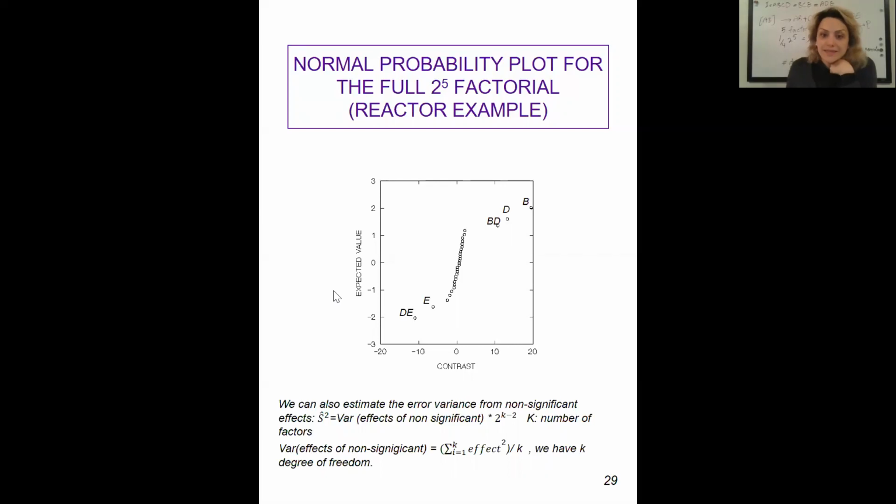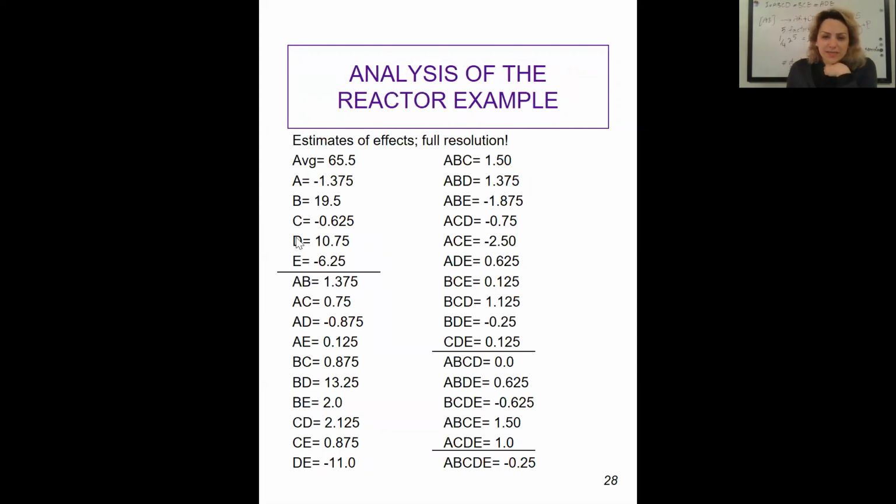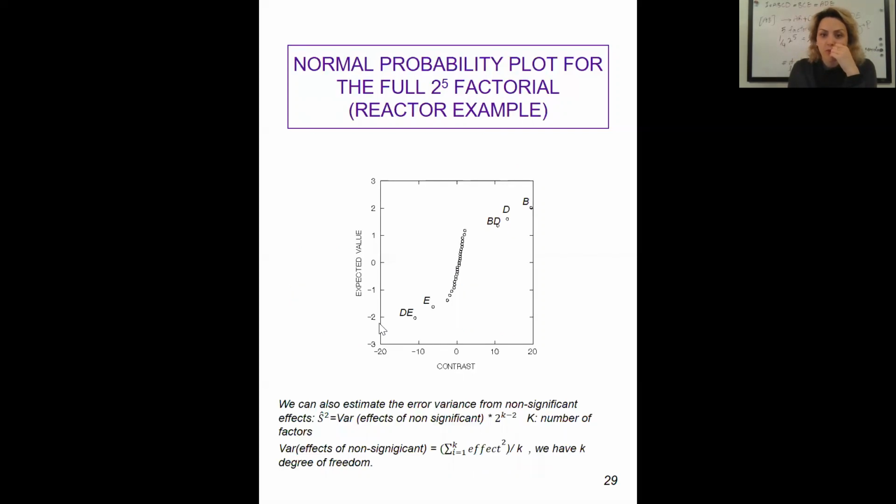So here, D, E, B, and their interactions are significant terms. Even when you look here, you can at least separate them from the rest of it. And in the ANOVA table, we can get the same result as well. So we have these as the significant ones.